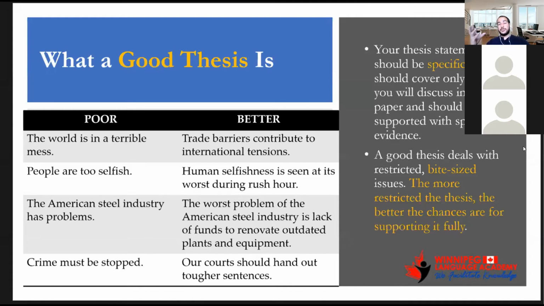Or you could write about pollution, but if you wanted to discuss different types of pollution. The second point here is a good thesis deals with restricted, bite-sized issues. So it's a very specific, restricted topic. The more restricted the thesis, the better the chances are for you to support in full.